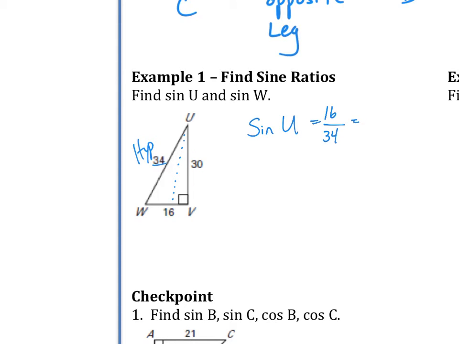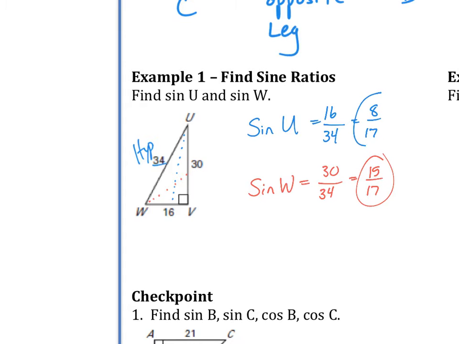So the sine of u is 16 over 34. And we can divide both of those by 2, so this would reduce down to 8 over 17. The sine of w, opposite angle w, is 30. And the hypotenuse is always the same, so it's 34. And if we divide both of those by 2, we would get 15 over 17. Okay, so that is how the sine ratio works.